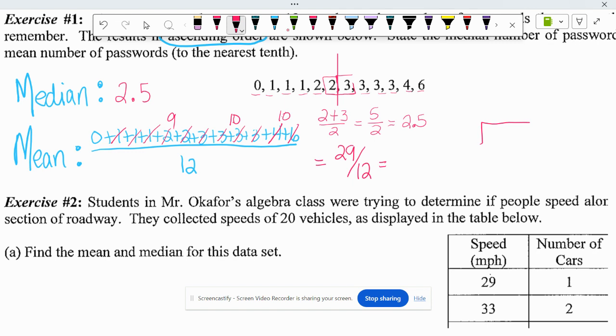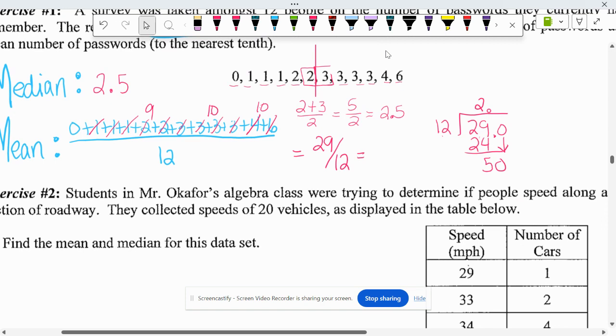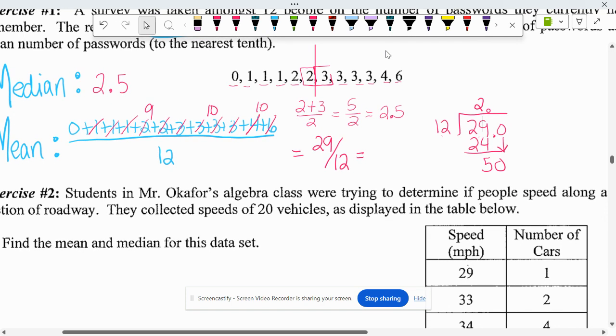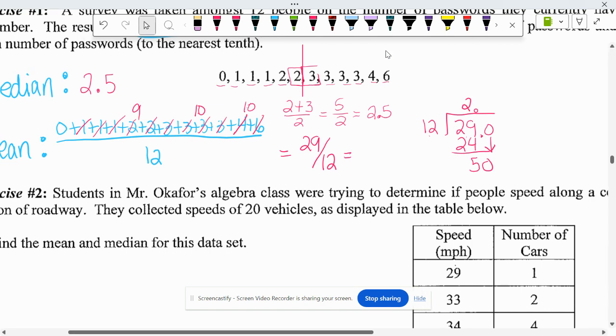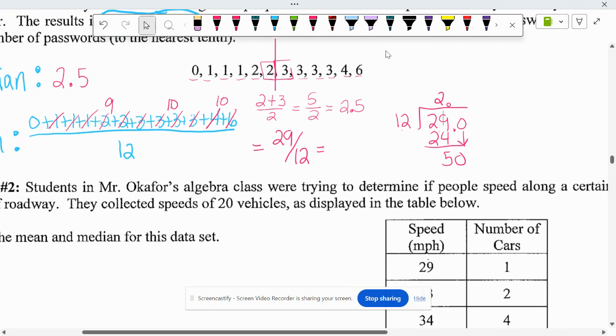Well, if you can't use a calculator, you're going to have to do this. How many times does 12 go into 29? 2 times with 24. 9 minus 4 is 5. Bring down a 0. How many times does 12 go into 50? What's 12 times 2? 12 times 2 is 24. 12 times 3? 12 times 4? 48.